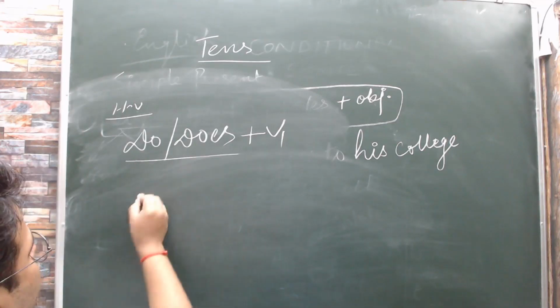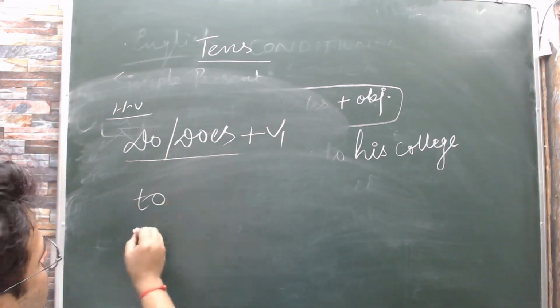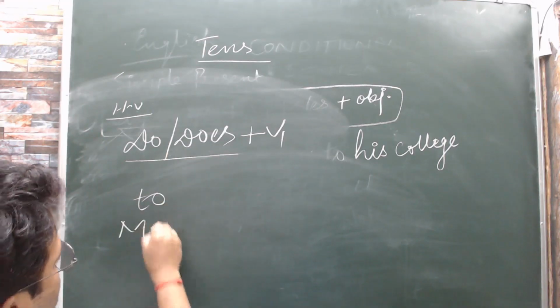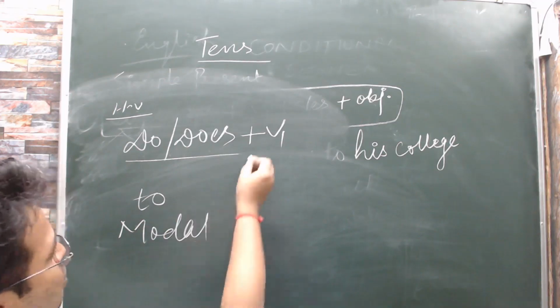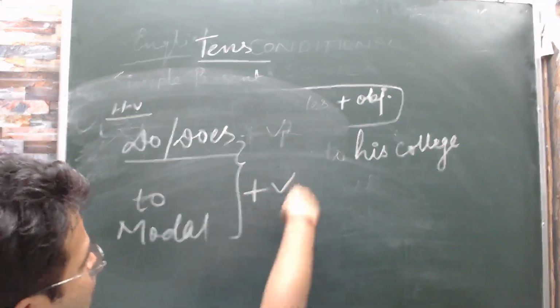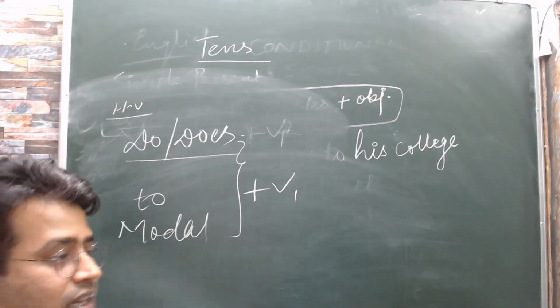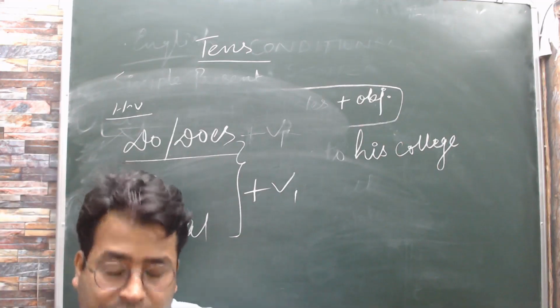Similarly, with the do and does, with modal, okay, so with all of them, we always use verb first form. These are the minor mistakes which generally occur in a sentence.